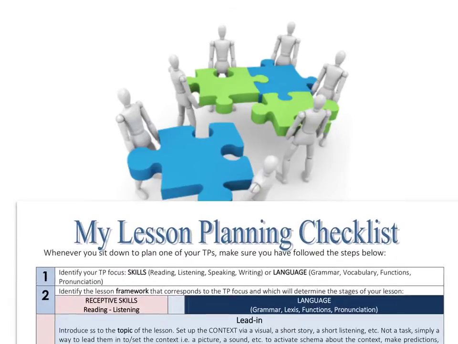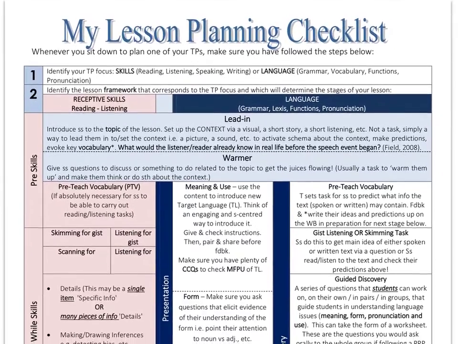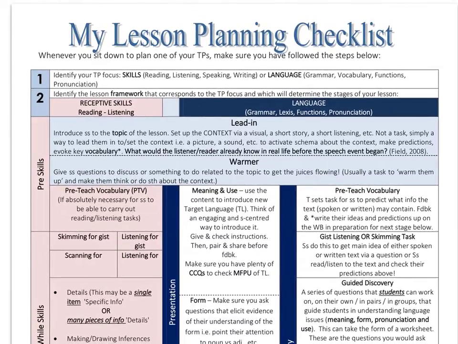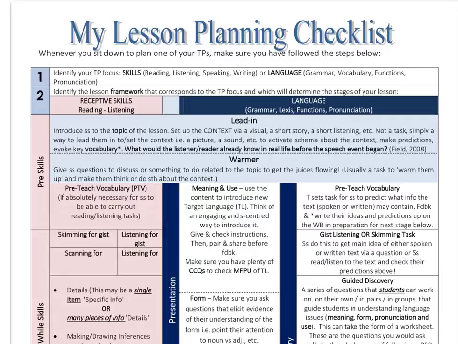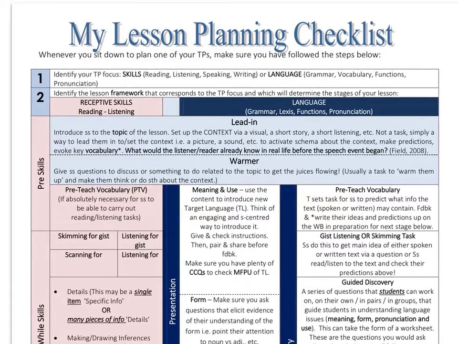We're going to be using my lesson planning checklist, which is the document that you were given before. Basically, we're going to be looking at the different stages that I have identified here.